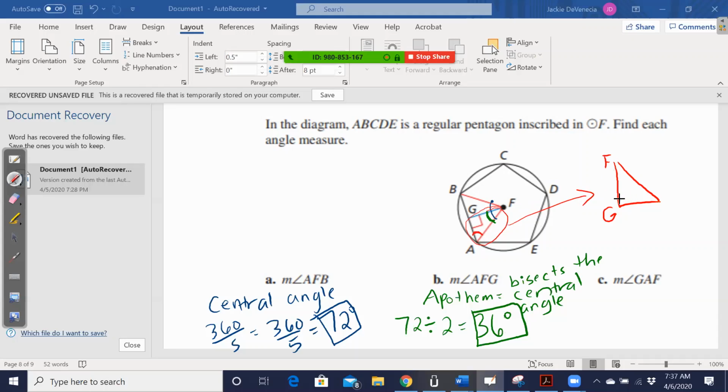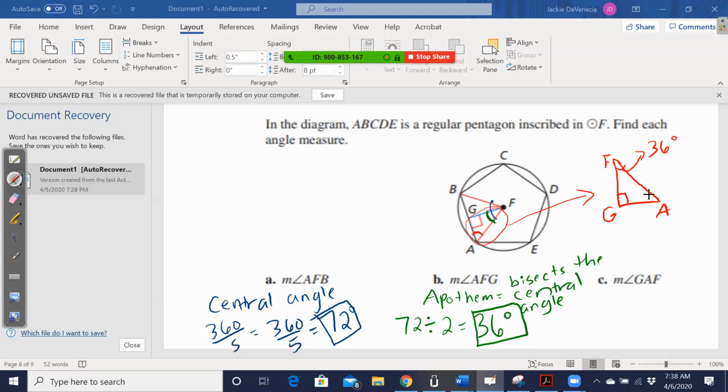So I know G is at the corner with the right angle, F is above that, and A is across from G, right? And we already found some of the angles over here. So we have AFG, this angle, we just found it, it was 36. And this over here means it's a 90-degree angle.